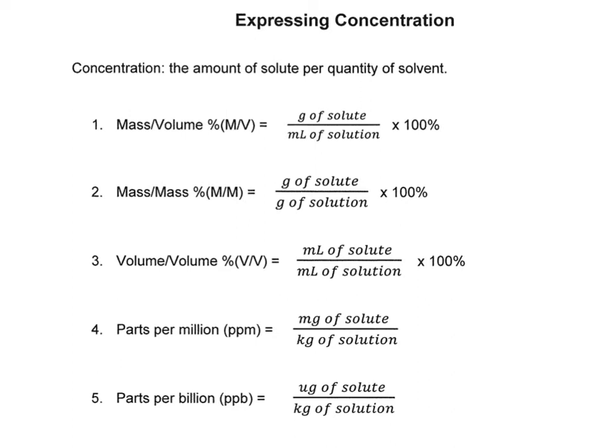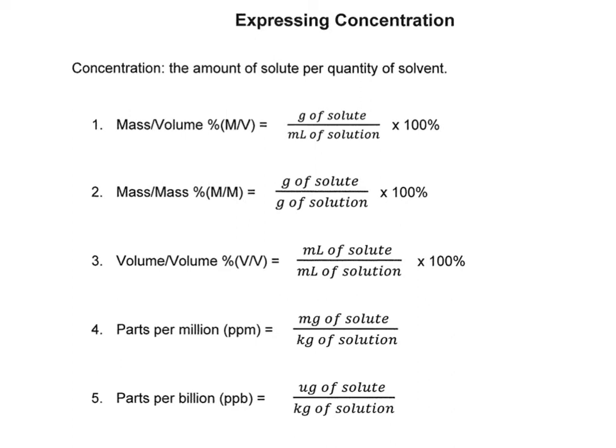If you have a solid solute and solid solvent, concentration can be communicated in an M to M percentage. This is also used for gas dissolved in gases. This is because the volume of a gas can change depending on things like temperature and pressure.